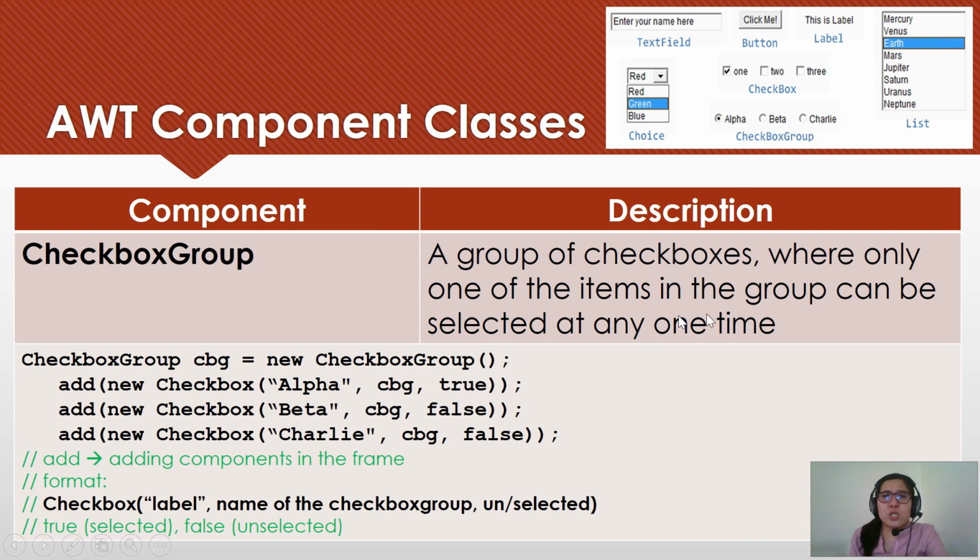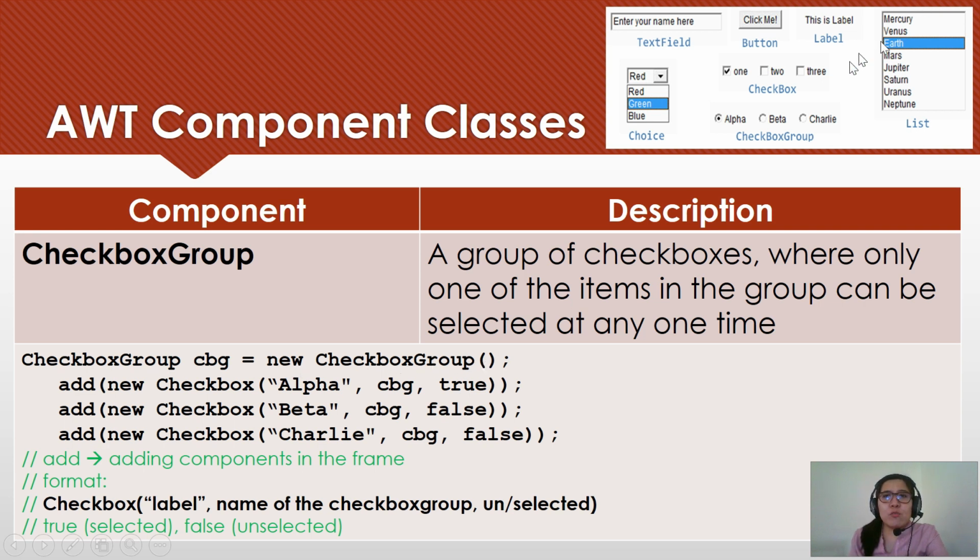A group of checkboxes where only one of the items in the group can be selected at any one time. So only one can be selected here, unlike checkbox. In order to do that, we first declare for a checkbox group, we have the keyword checkbox group, space, the reference or object, say for instance CBG, is equal to new checkbox group.